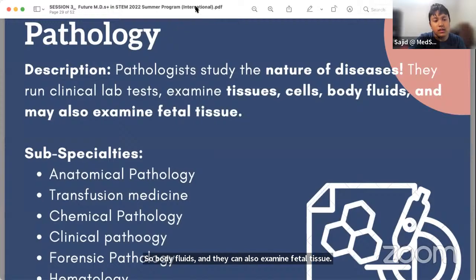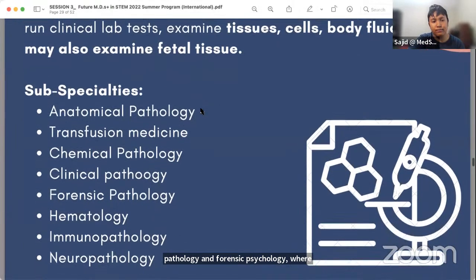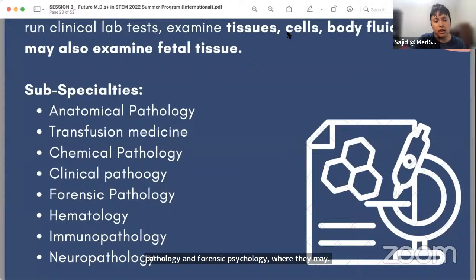So some subspecialties may be anatomical pathology, transfusion medicine, chemical pathology, clinical pathology, and forensic pathology, where they may analyze samples from a crime scene. And then you have hematology, that's related with blood, immunopathology, and then neuropathology, where you're dealing with brain disorders.